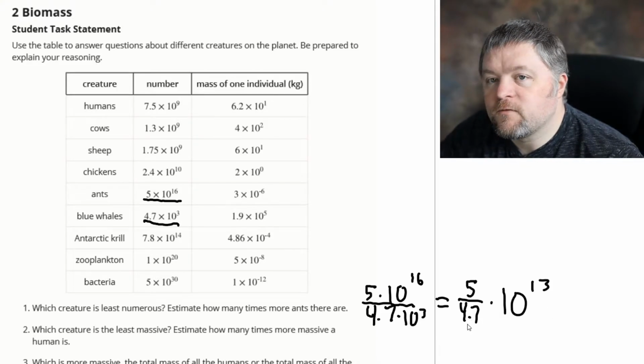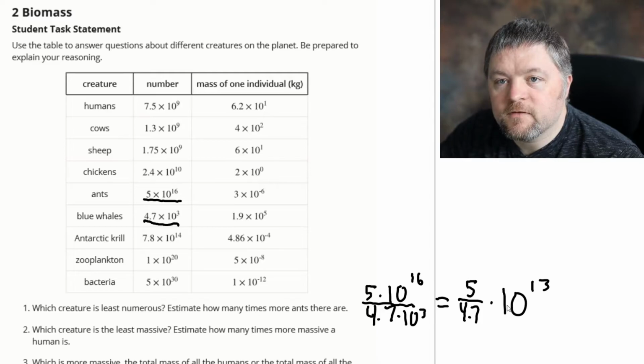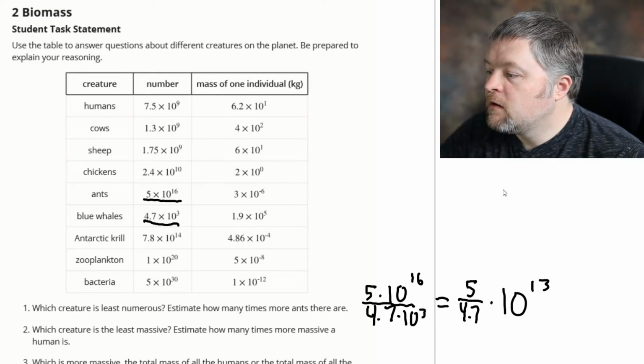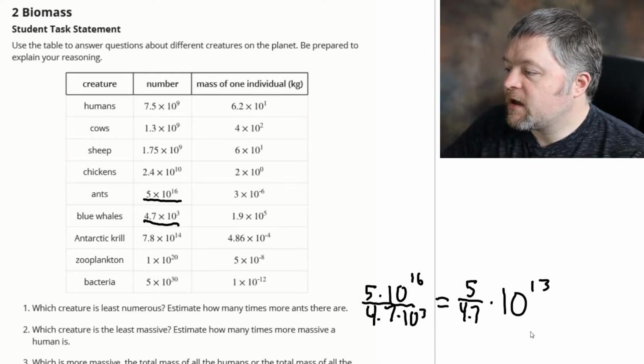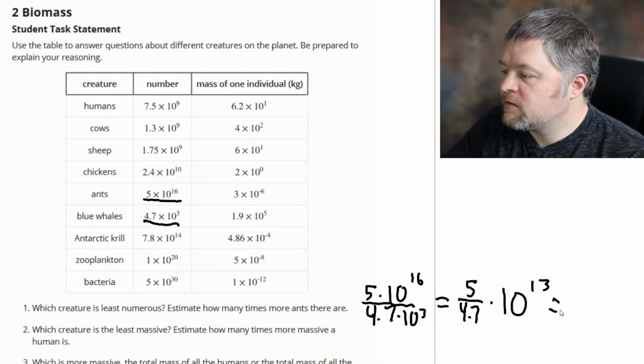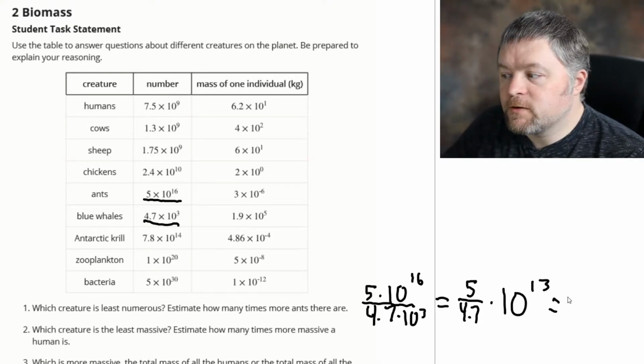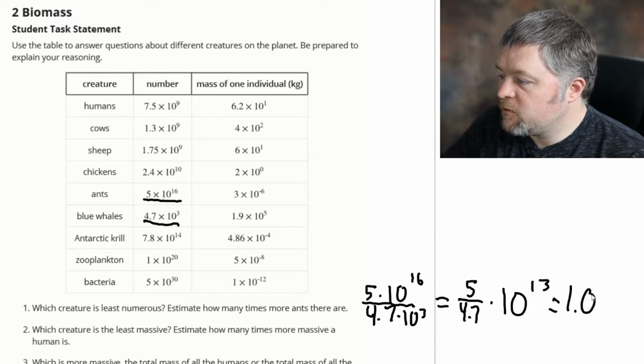So 5 over 4.7 times 10 to the power of 13. 5 divided by 4.7 is 1.06. So 1.06 times 10 to the power of 13.